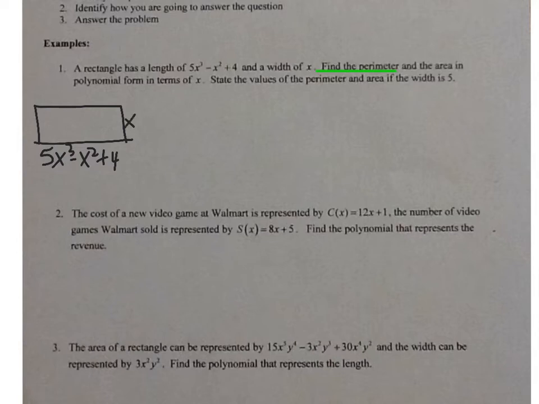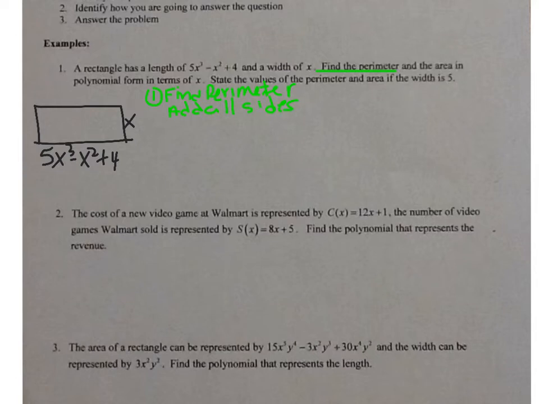So one of the things we want to find is the perimeter. So I'm going to put that here. Find perimeter. And how do we find perimeter? So hopefully you remember from up top, we add all the sides. Okay, so I wrote down what I needed to do.